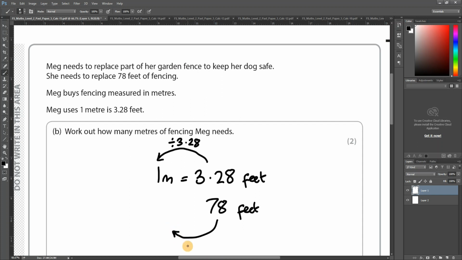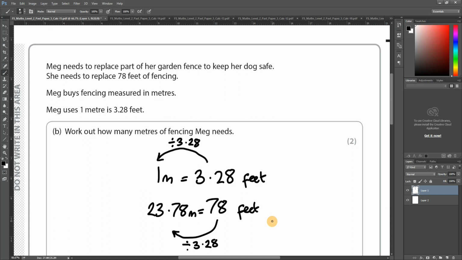As you can see, we're not using anything to do with part A at all. 78 divided by 3.28 gives me an answer of 23.78, let's call it, meters.